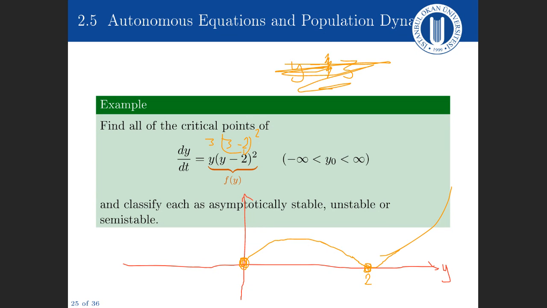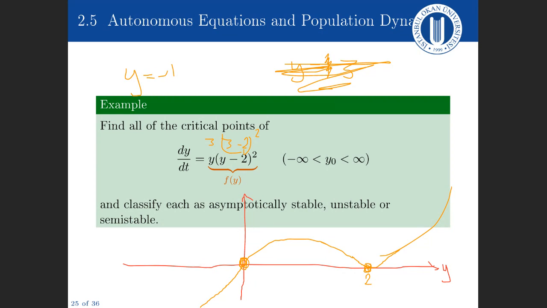And then finally, we need to see what's happening on the left. Let's say y is minus 1. Minus 1 multiplied by (-1 - 2)², or (-3)², is plus 9. Minus 1 multiplied by plus 9 is a negative number. So the left part of the graph must go down like this.